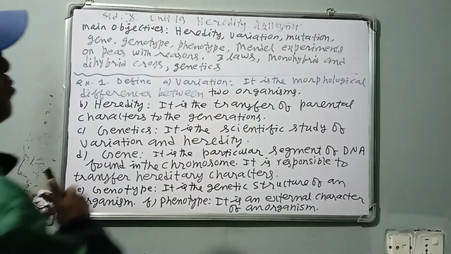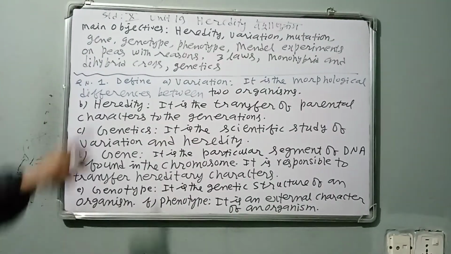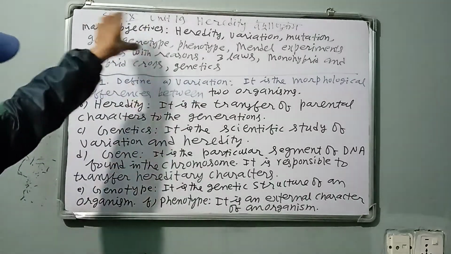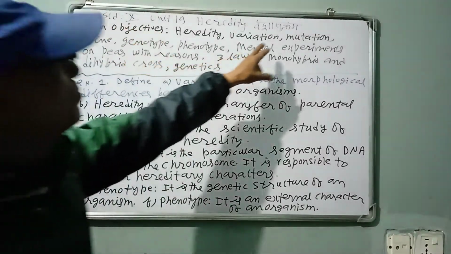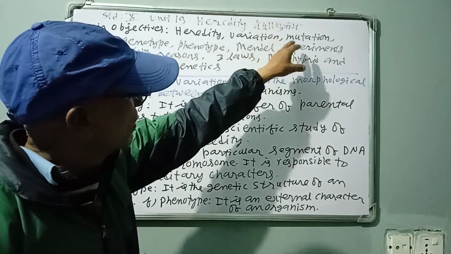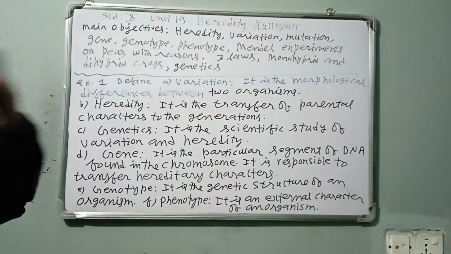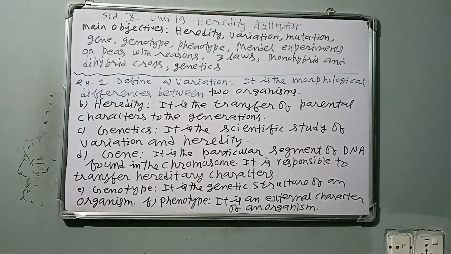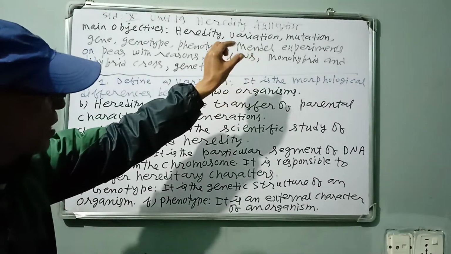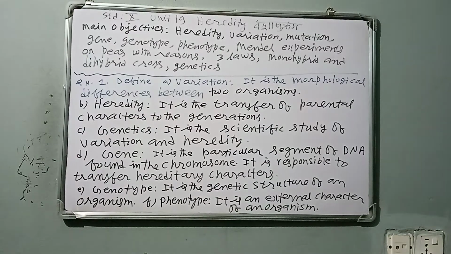Monohybrid, just by the name, mono means one, di means two, cross, genetics, etc. And mainly Mendel, Johann Gregor Mendel, did his experiments on peas, not on any other organisms like frogs, fishes, etc. Mainly he chose peas for different reasons.